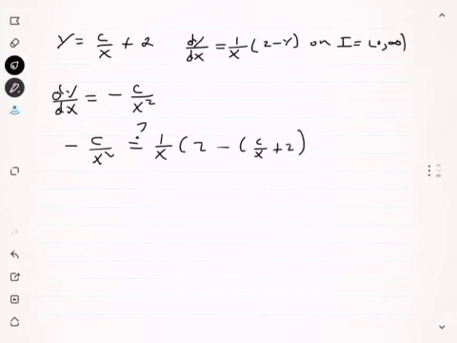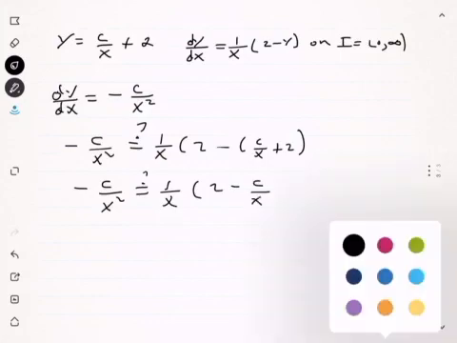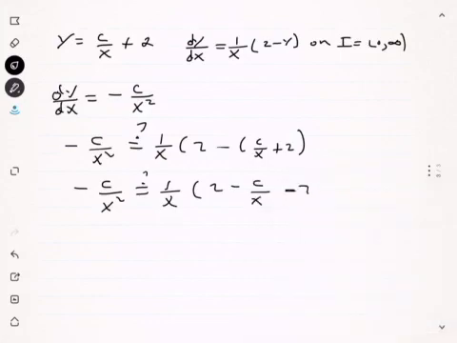So we just multiply this out. 1 over x, we take this 2 minus c over x, and then minus 2. The 2 and the 2 cancel.